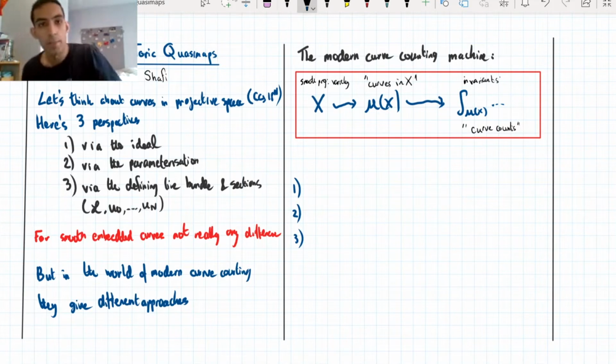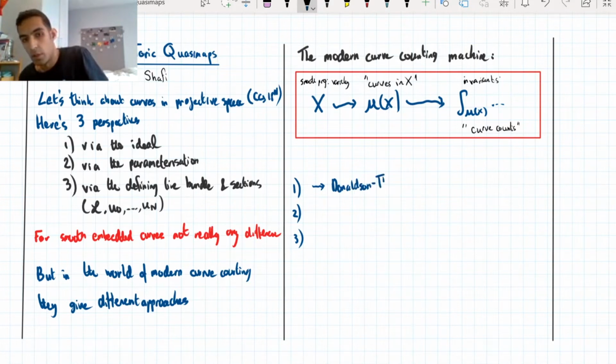And so what happens if you take each of the three approaches on the first page to the modern curve counting machine? The first approach gives you Donaldson-Thomas theory. Maybe one more thing: in order to go from step 2 to step 3, there are two things you need.